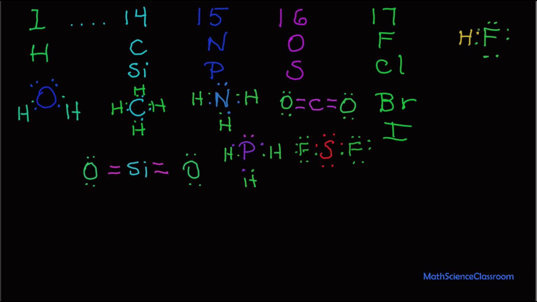Chlorine, an example would be hypochlorite or ClO minus. So there we have Cl. So we have 3 lone pairs and a shared electron, and then we would have our oxygen.